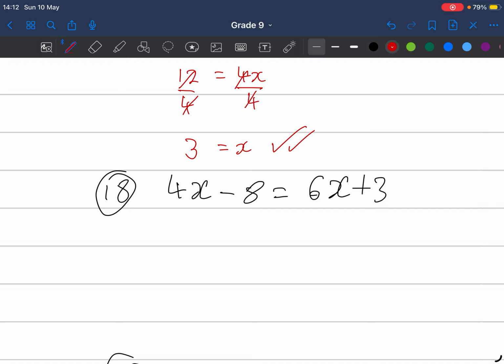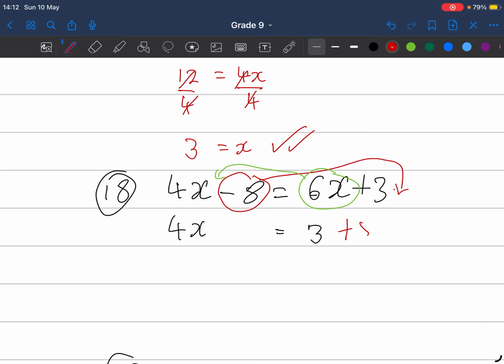4x minus 8. Pause the video, try it. So this will go over there. And this will go over there. So equals to 4x is not moving, and while the 3 is not moving. The negative 8 will become a plus 8, and the 6x that was positive will become a negative 6x.